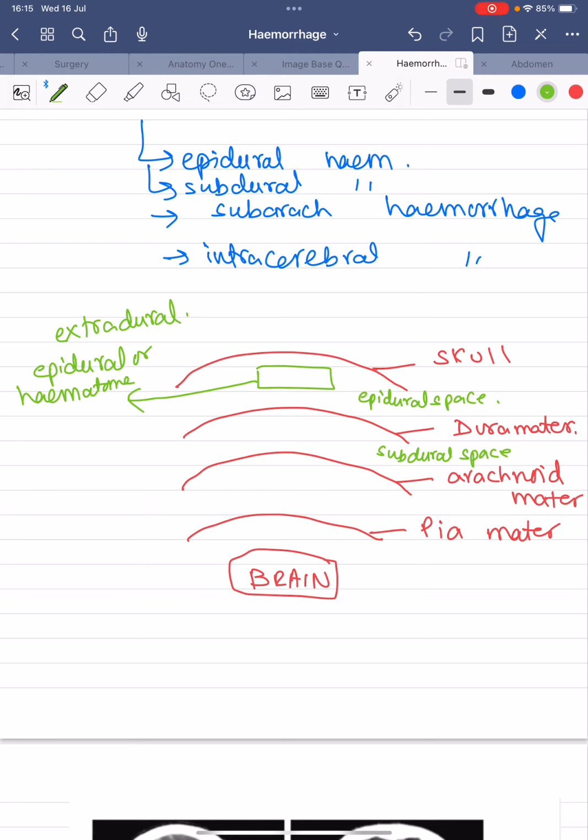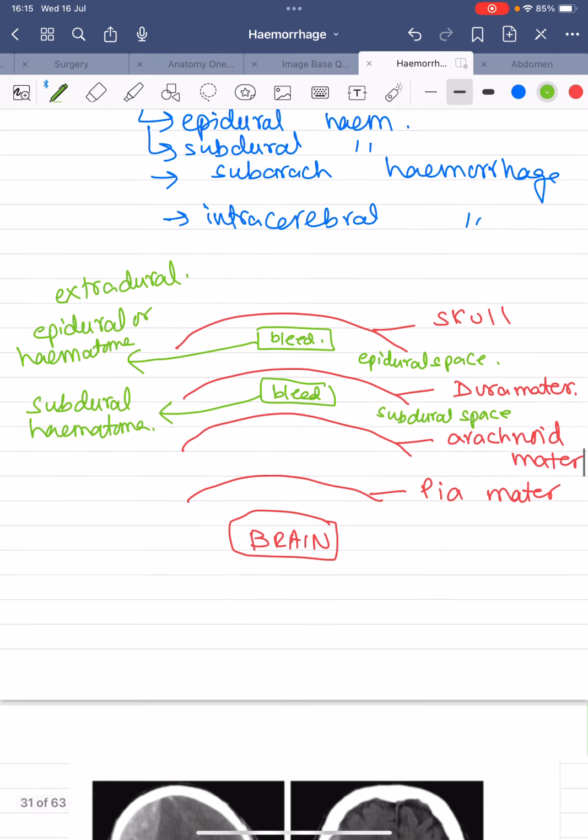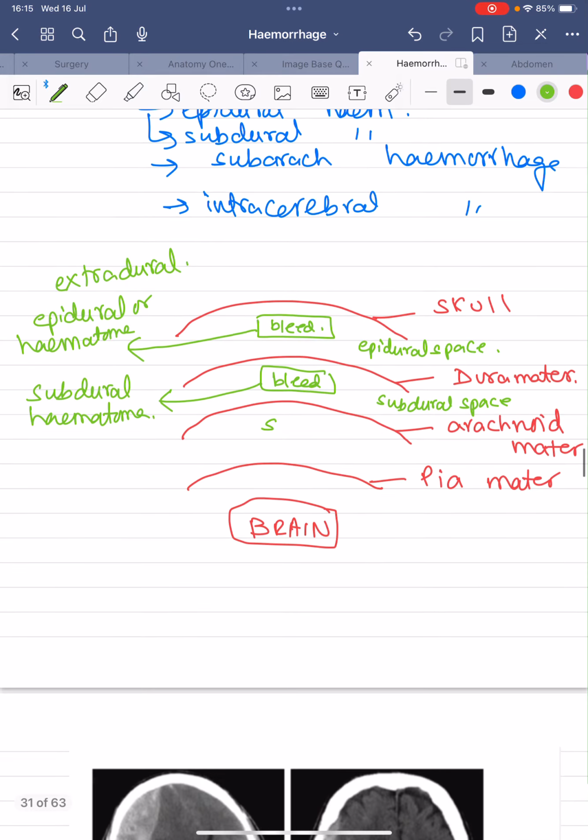So if the bleeding is in the subdural space, between the dura mater and the arachnoid mater, or if there is any collection of blood between the dura mater and the arachnoid mater, then it is known as subdural hematoma. It is known as what? Subdural hematoma.